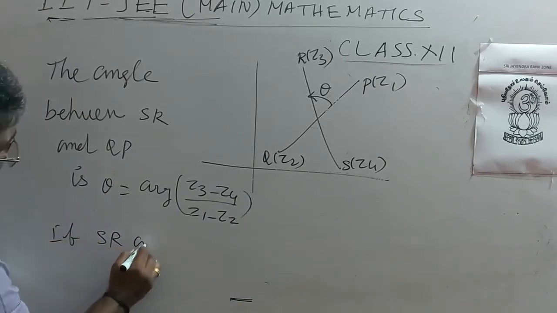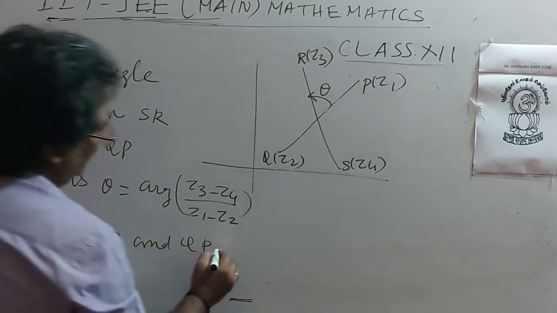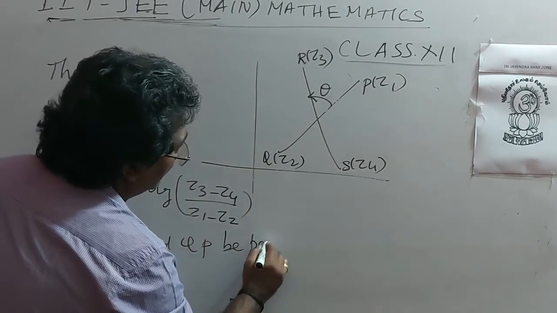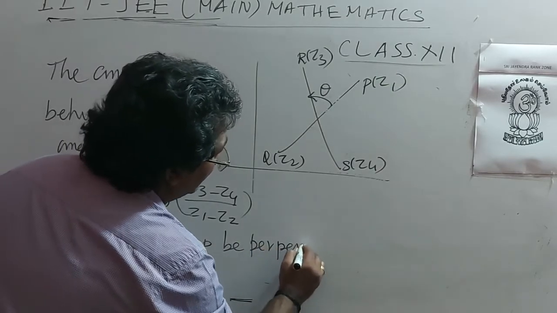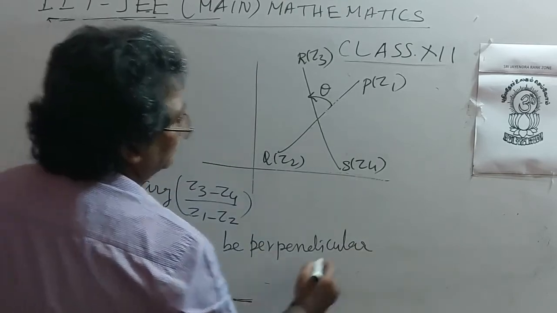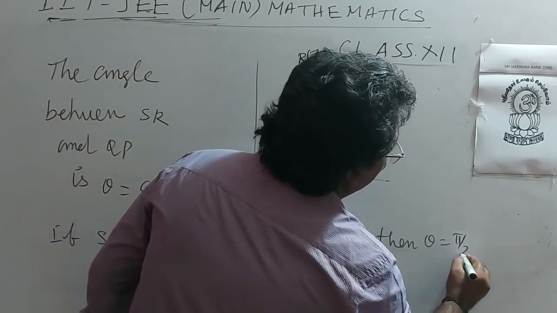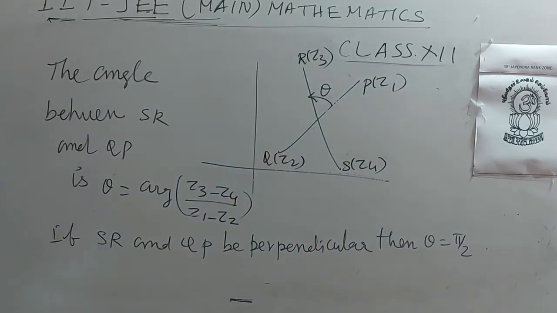If SR and QP be perpendicular, then theta equal to pi by 2.